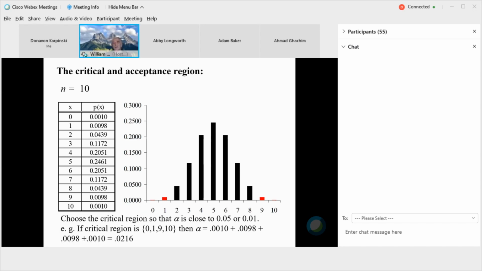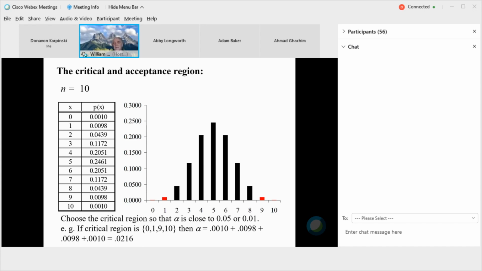The chance of falling in that region if it's a binomial with P equal to 0.5, you can add up those probabilities, 0.001, 0.0098. They add up to 0.02148. So that means that if you use that as your critical region, the chance of making a type 1 error is 2%.